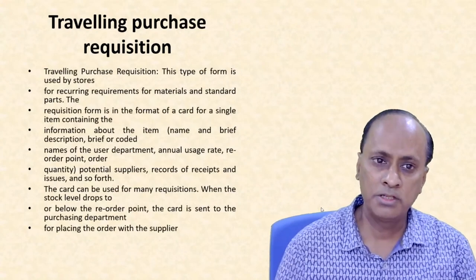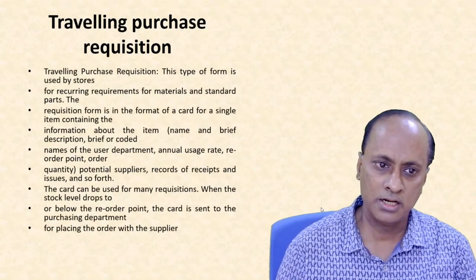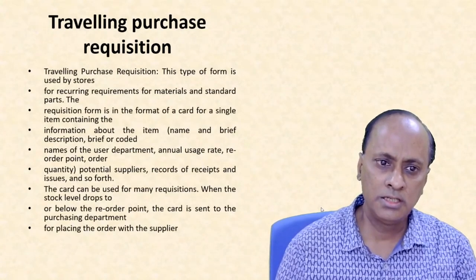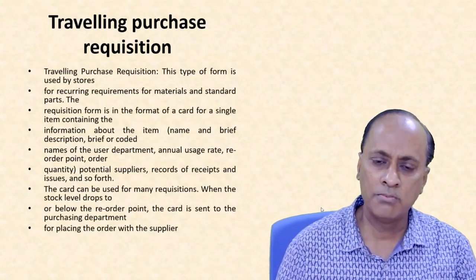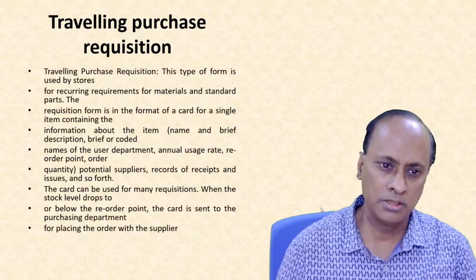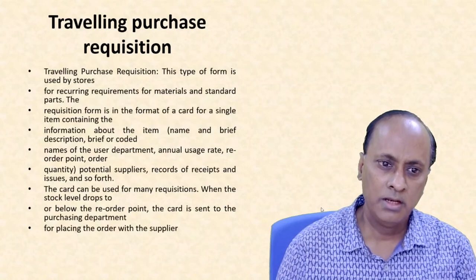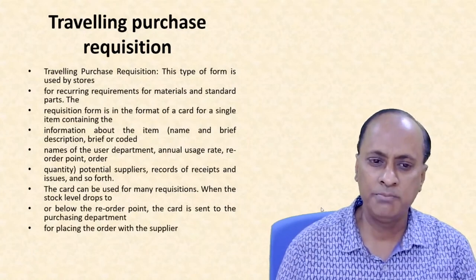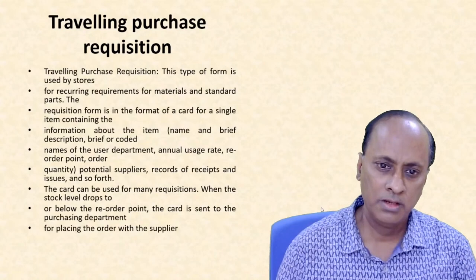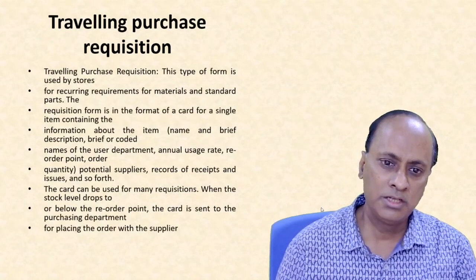So, the traveling purchase requisition is used for recurring requirements of materials and standard parts. Now, this requisition form is in the format of a card and it is available with the stores. The card contains much information about the item: name and brief description, name of the user departments, which are the departments using this product, and the annual use rate, that means how many of these units are used in a year, and there is a reorder point.